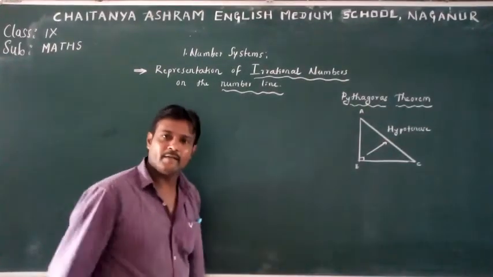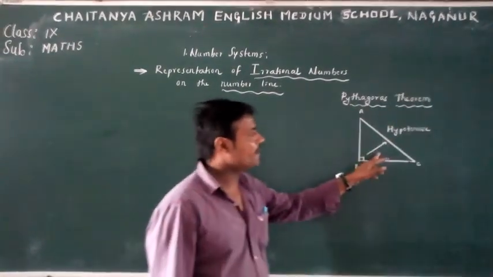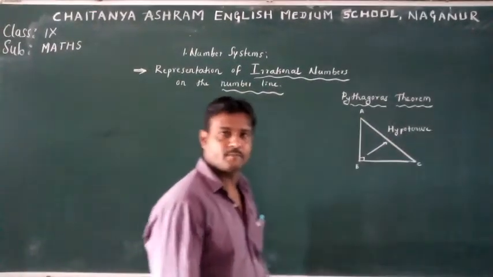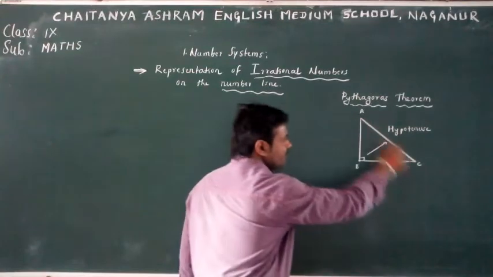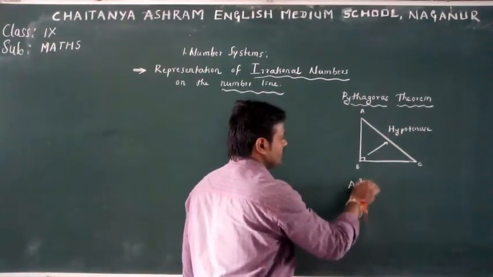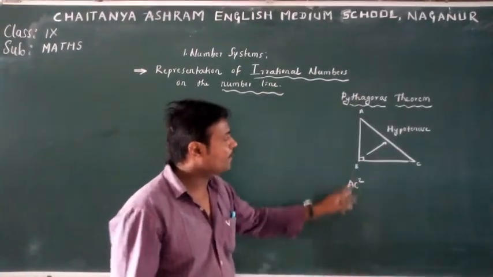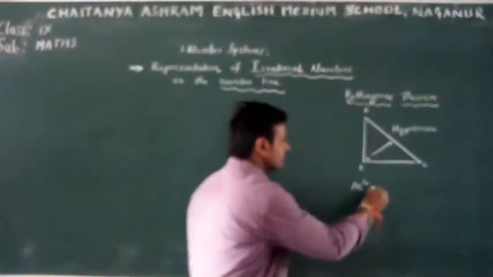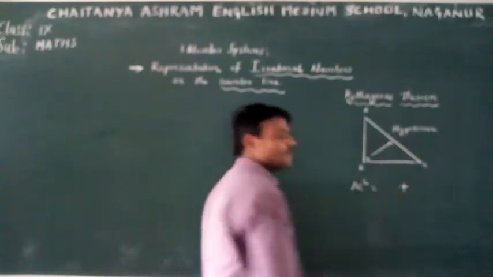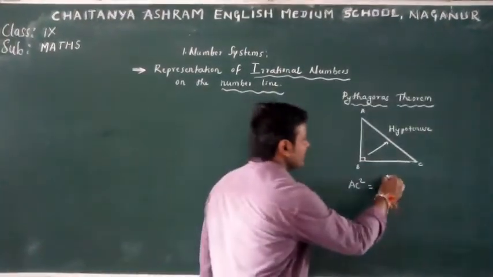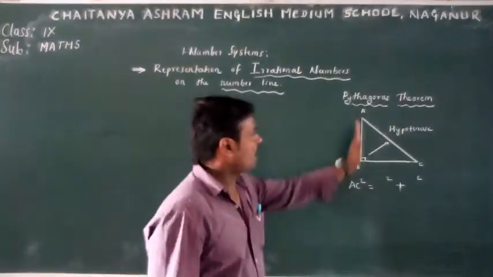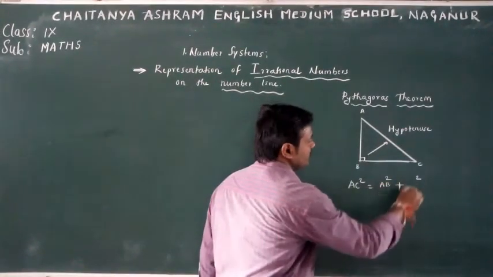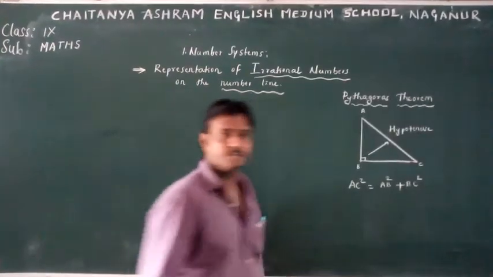That statement is, in a right angled triangle, the square of the hypotenuse, that is AC square, is equal to the sum of the squares of the other two sides, meaning AB square plus BC square.